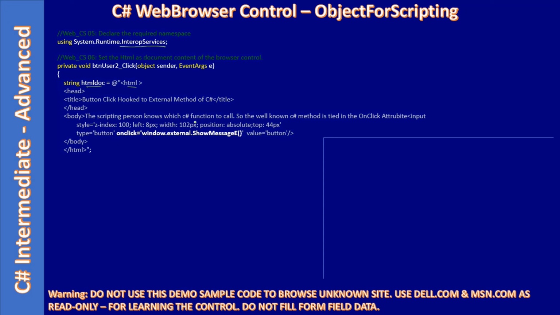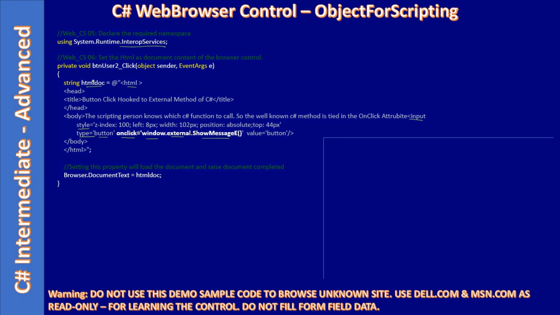Then here is the input tag, with a style tag, type is button, and on click it calls window.external.ShowMessageE. This ShowMessageE is the method which is exposed by the COM class.